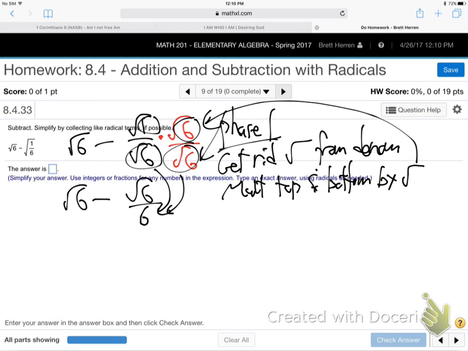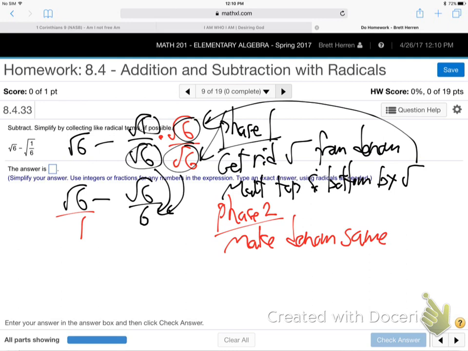So in other words, we're going to come in here and go, okay, this is over 1. So phase 2: make denominators the same by multiplying top and bottom. I got to make those two have the same denominator.